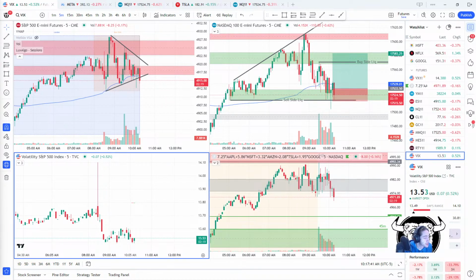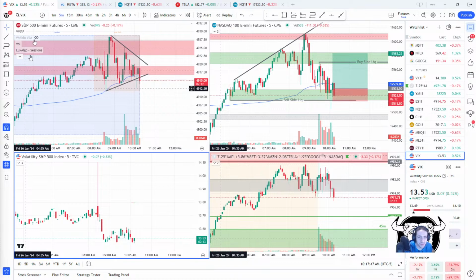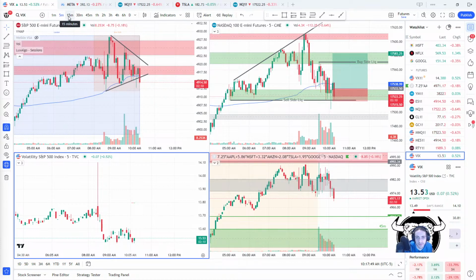Even right now, I'd consider going long over going short. You say scalp? Nice. Right now, I'd consider longs, because if you get longs, you've got a much tighter stop loss. Yeah.